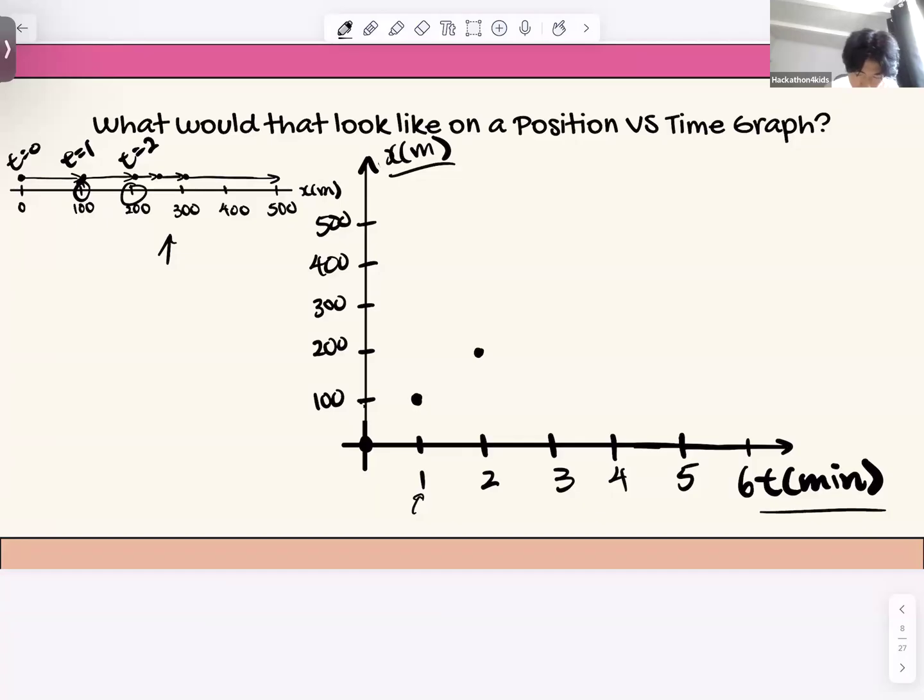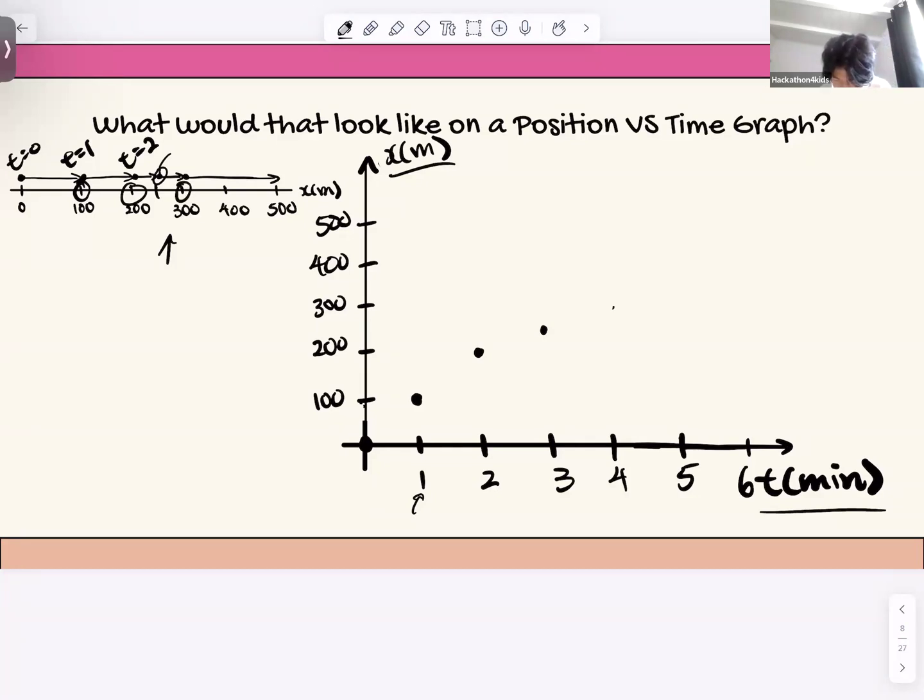At t equals 3, where would he be? He would be at 250, right? Just smack right in the middle. So let's draw somewhere in the middle here. And then at t equals 4, where would he be? He would be at the 300-meter mark, right?